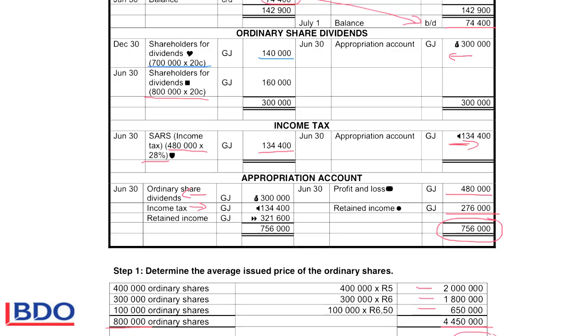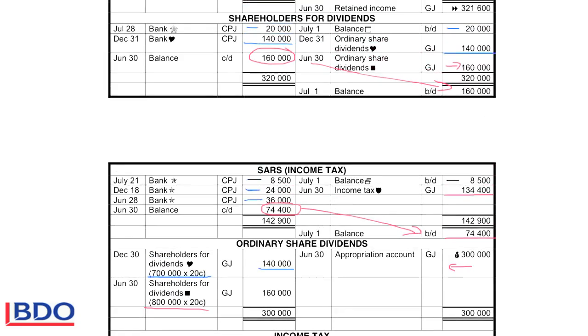At the end of the year, 100,000 shares were repurchased, so it means that the average price was determined at 5.56 rand, and we had to reduce the capital amount with 5.56. So the closing balance for the ordinary share capital at the end of the year is 3,894.